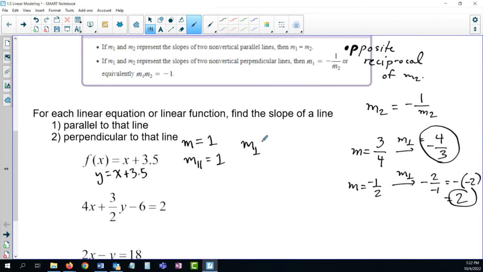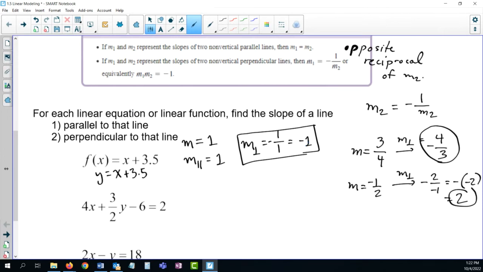So what does a perpendicular look like here? Well, 1 over 1, and it gets a negative. 1 divided by 1 is 1, so my slope is negative 1. So if I have a line that has a slope of 1, a line perpendicular to that must have a slope of negative 1.